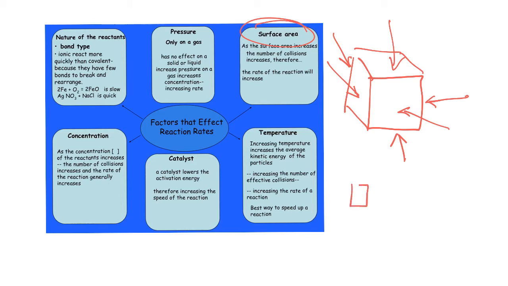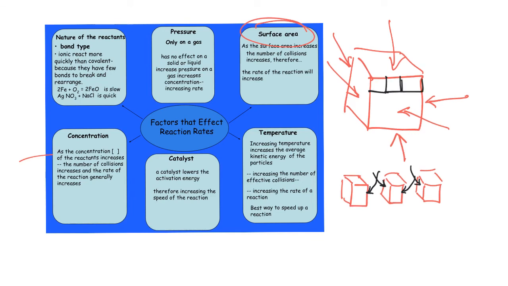Now if I take that same amount of sugar, but I break it down into a bunch of other cubes, like this, okay? Now I have the surface area that's in here that can also hit other particles, right? So it's basically like taking this thing and breaking it down into 3 pieces.